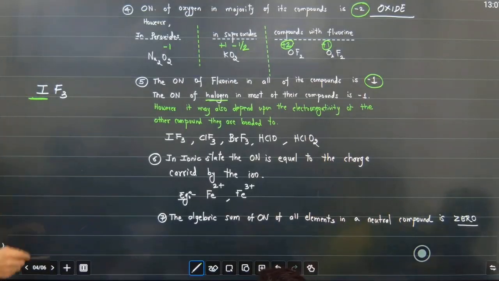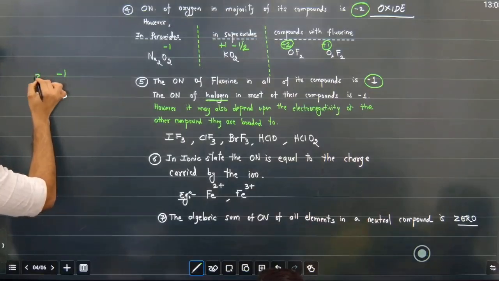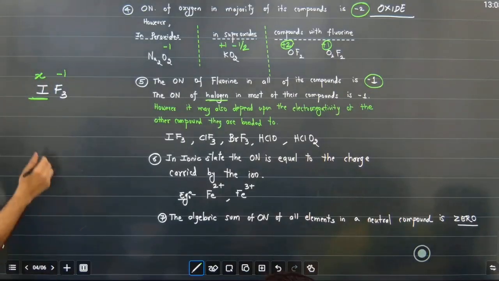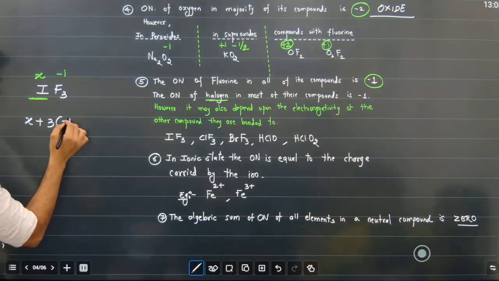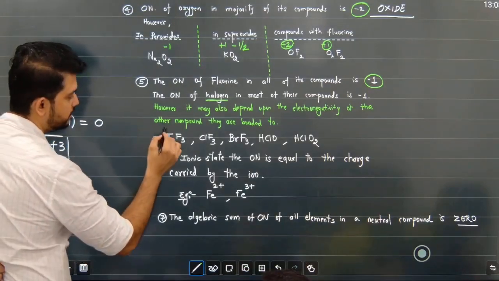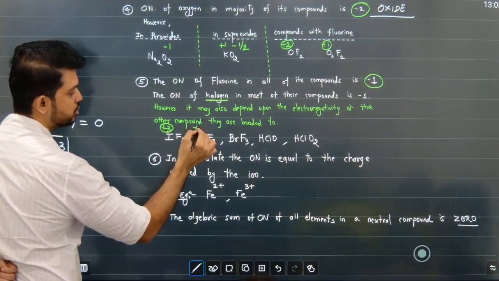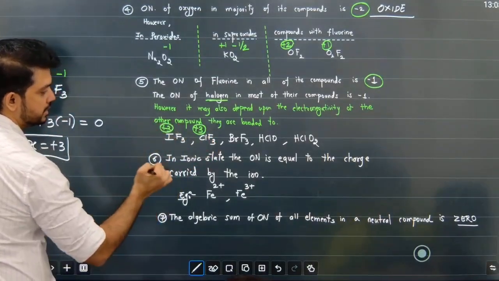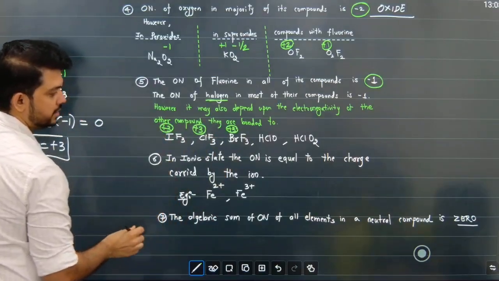What is the charge on fluorine? -1. Let the charge on iodine be x. So x plus 3 into -1 is 0. So what is the charge on x? So in IF3, iodine has charge +3. In ClF3, charge on chlorine +3. BrF3, charge on bromine +3.